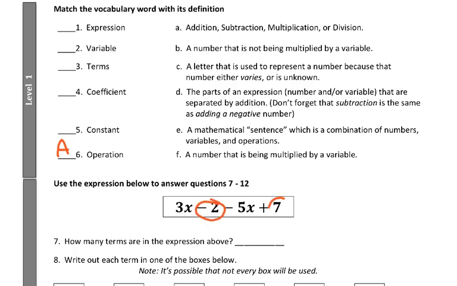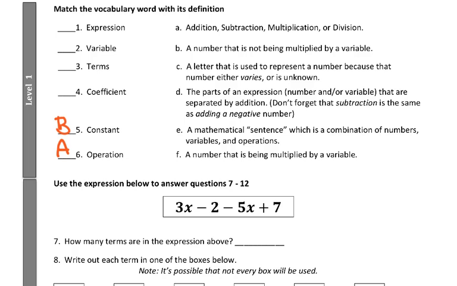These are numbers that don't have any letters associated directly with them. They're not being multiplied together. These things here are called constants. Okay, so a constant is going to be B. Again, -2 and 7, those are called constants.